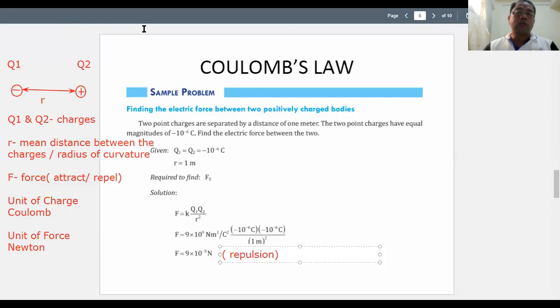So maybe if you try to draw this, you may have these two charges that you have.